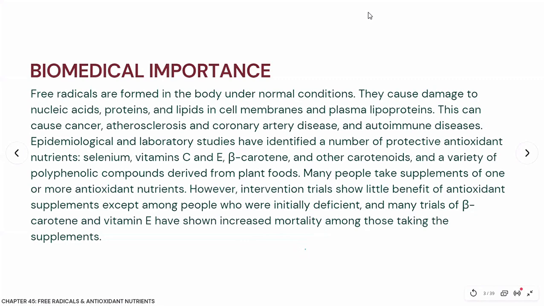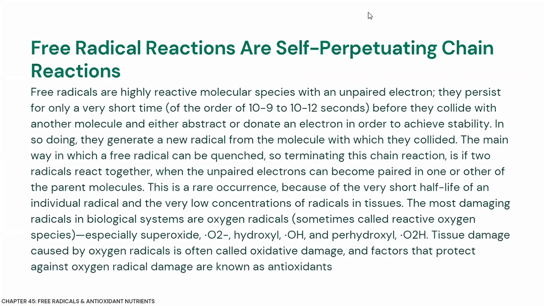All right. Now, free radicals are self-perpetuating chain reactions. You should remember that these free radicals have an unpaired electron. So they are in search of an electron so that they can be stabilized. Because if you have an unpaired electron, the molecule is unstable.